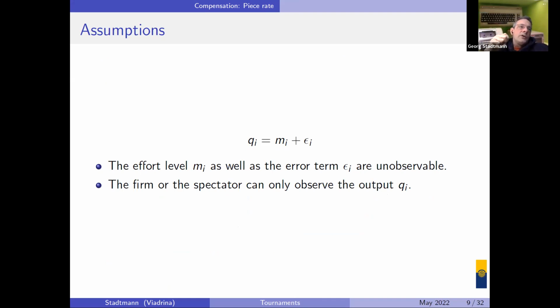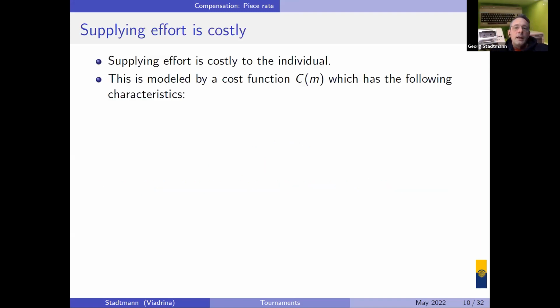We cannot observe whether they put a lot of effort in their training exercises, whether they stick to a healthy diet. This is all unobservable. We can only observe the output, the time one athlete is running.